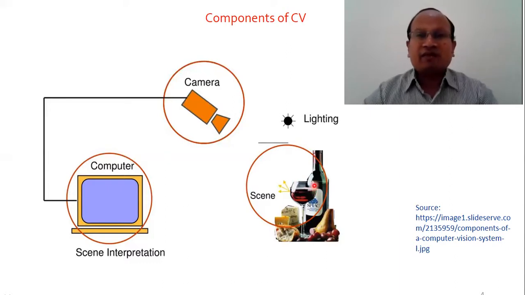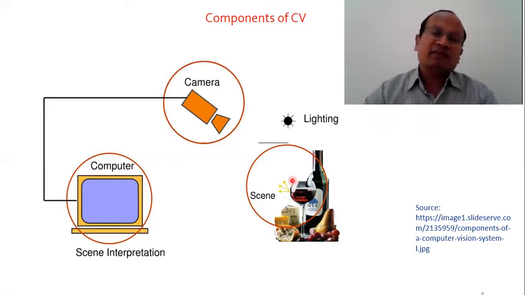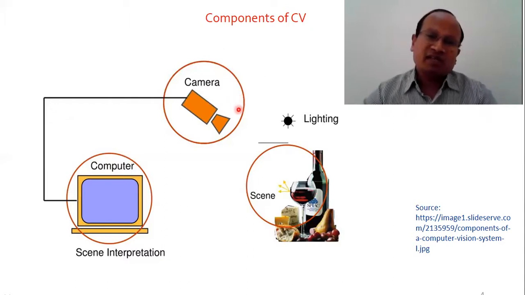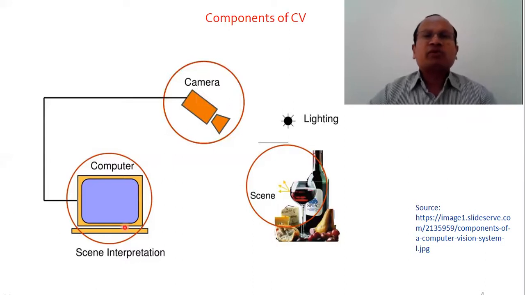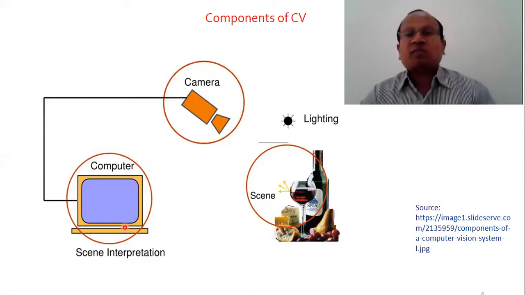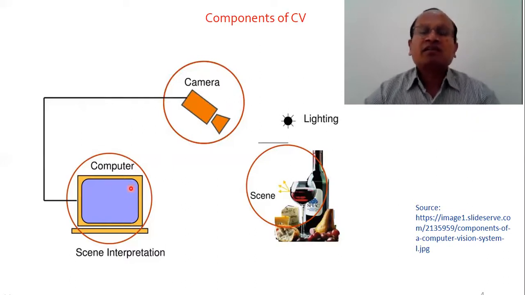The amount of light reflected back by the object is the reason the sensor can detect an image. And the data captured by the camera goes to the computer, and then understanding starts. So in this picture also there are three important things. Number one, light source.